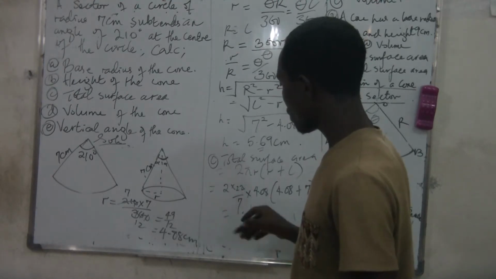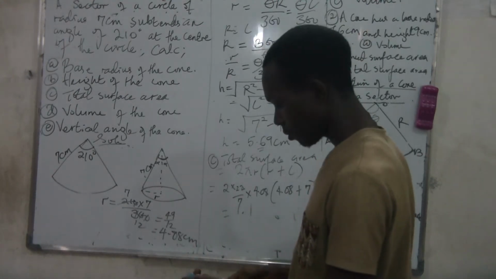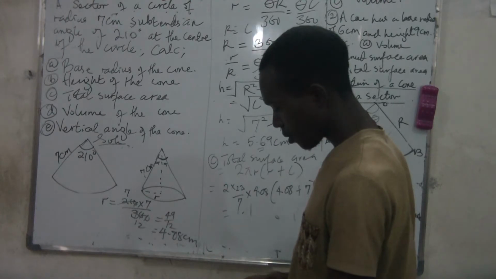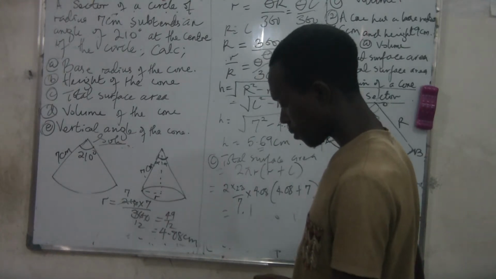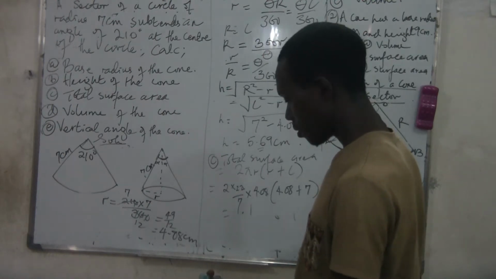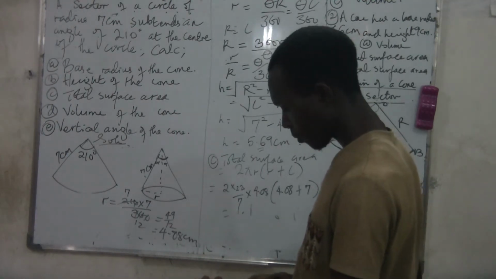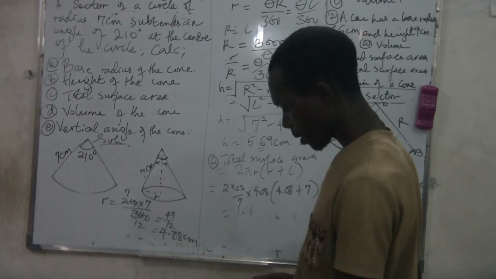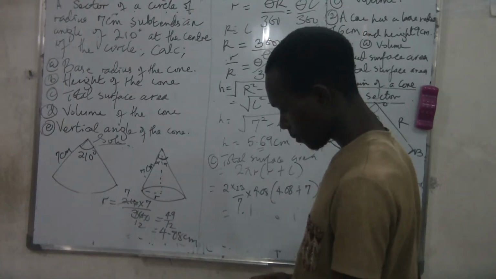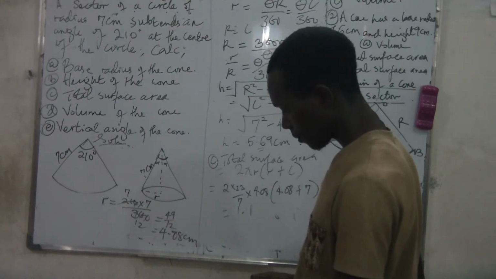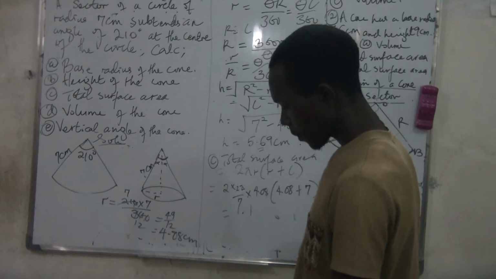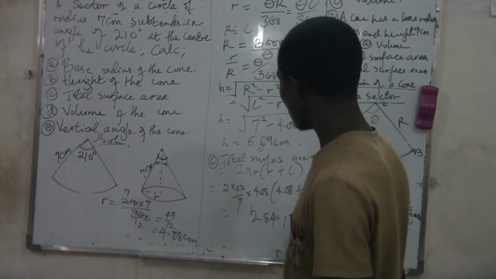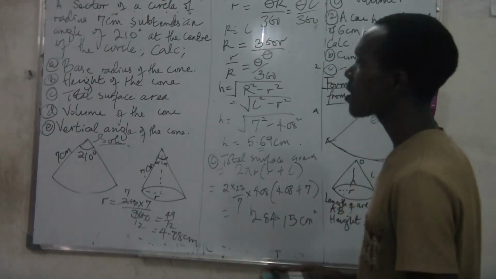By this calculation, and that will give us 284.15 centimeters squared. That's question C.